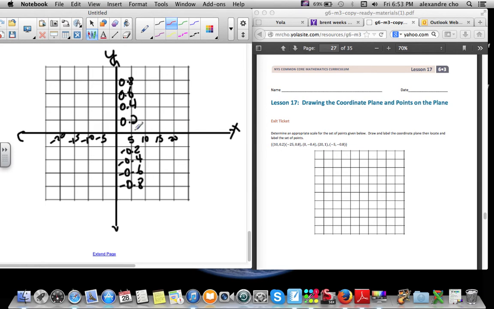Okay. So the first number, 10, is positive 10, so 10 to the right, 0.2 up. So this would be the first point. Let's call that A. Second point, negative 25, which is to the left, negative 25 over here, and you want to go up 0.8.